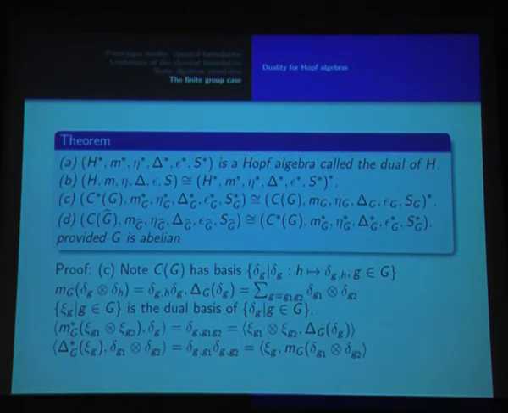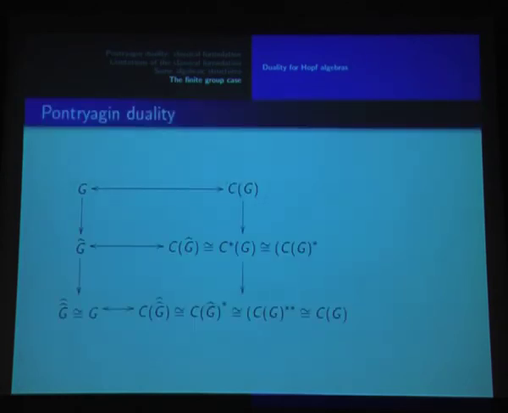This isomorphism is actually Pontryagin duality. So this is like C g being isomorphic with its double dual. This map makes sense even if G is non-abelian, whereas this one requires G to be abelian. So these two isomorphisms are consistent. That means this line of argument extends the usual understanding of Pontryagin duality.